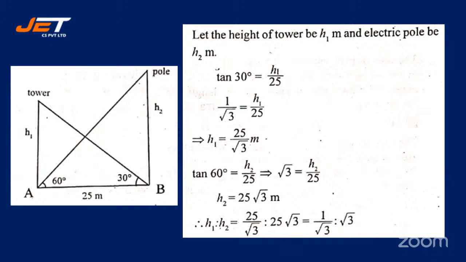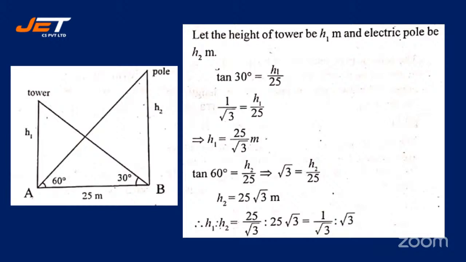So here you can find tan 30 is h1 by, that is opposite side by adjacent side. So which is h1 by 25 meters. What is tan 30? It is nothing but 1 by root 3. So thereby you get h1 to be 25 by root 3.